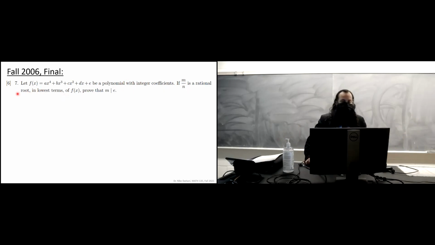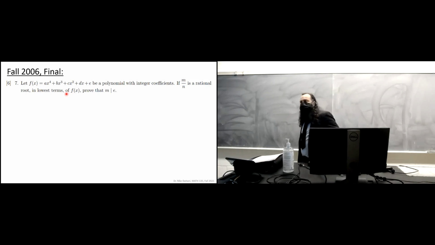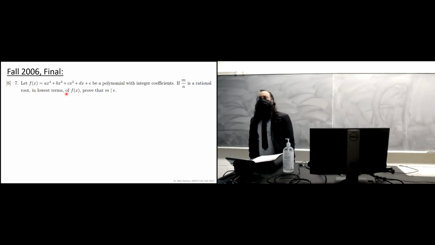What does it mean to be a root? Grayson? Yeah, so m over n is a root. That means f of m over n is what? Perfect. And it's in lowest terms. Is 12 over 6 in lowest terms?